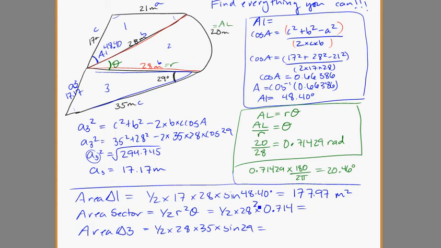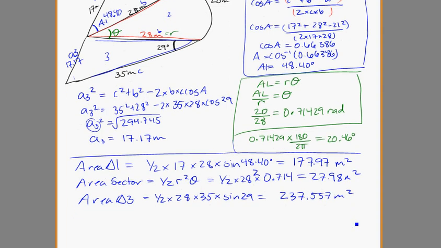So taking a look at that again, that's going to be 27.98 meters squared. And for the last one, that is 237.557 meters squared. So if we wanted to do, we could think about doing a total area, adding all those up, and you get your total area.